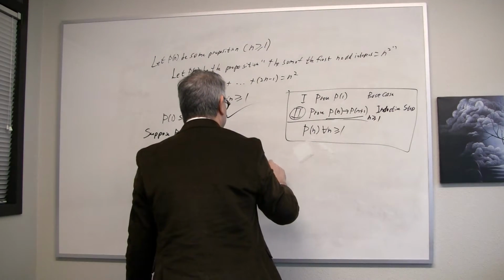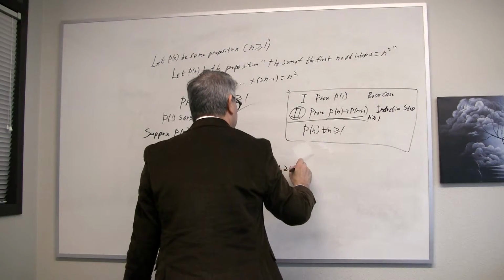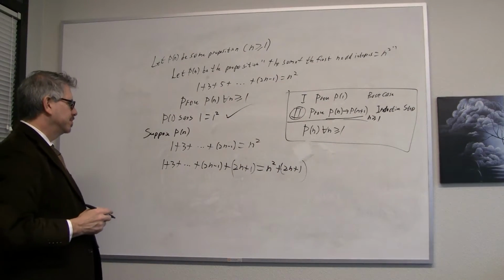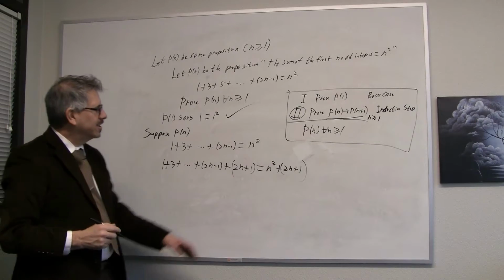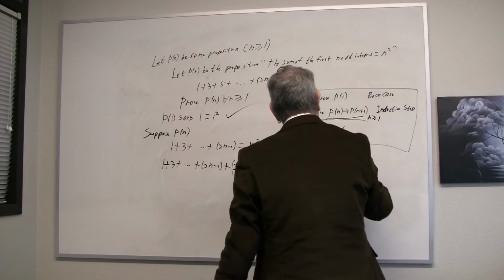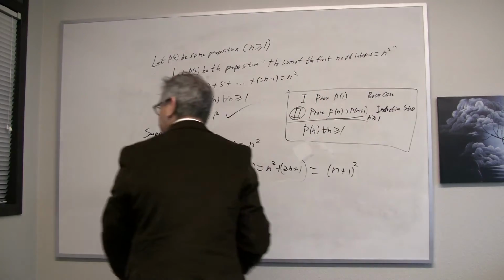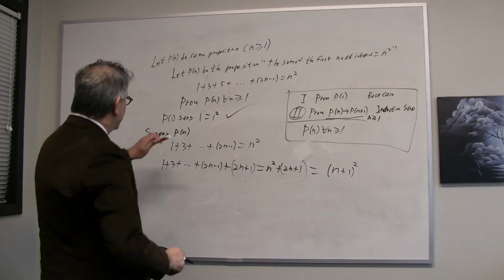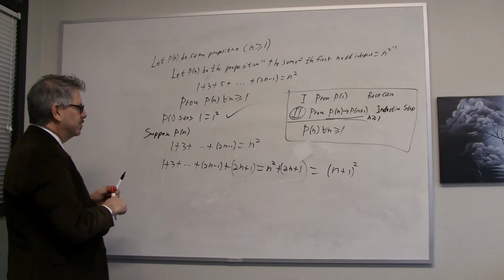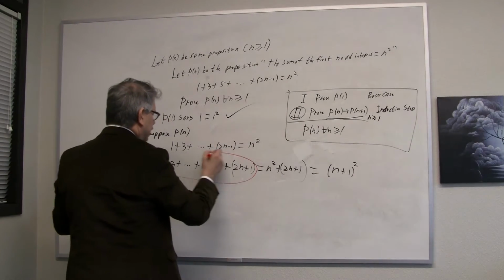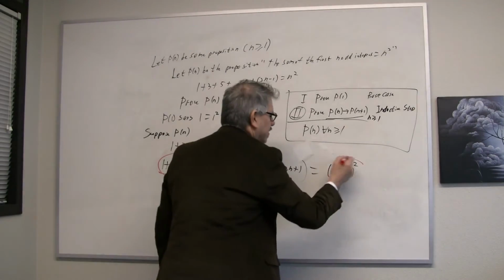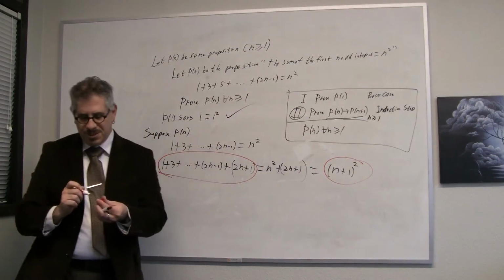And that's going to be equal to the right side plus 2n plus 1 over there. And now all I have to do is notice that this is n plus 1 squared. And so simply by assuming P of n and using algebra, we've shown that this, which is the sum of the first n plus 1 odd integers, is equal to n plus 1 squared.